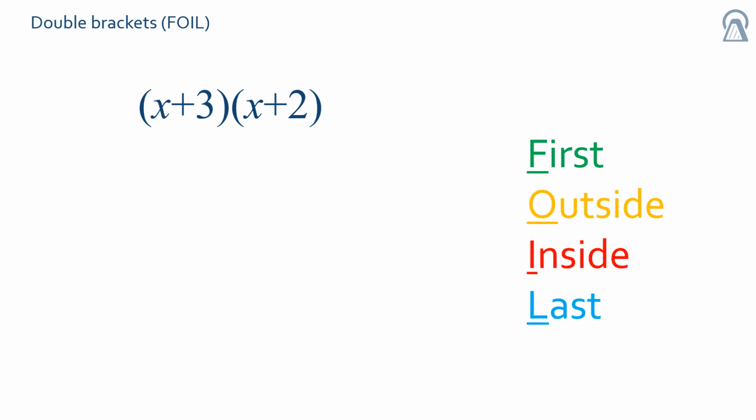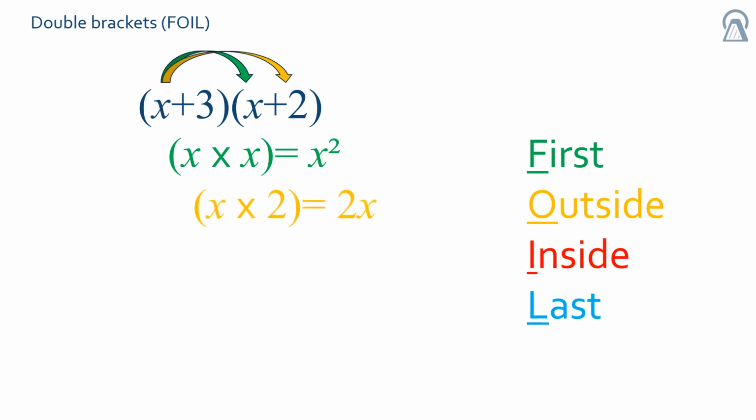First, we're going to multiply the first terms in each bracket. So that's the x in the first bracket times the x in the second bracket. This makes x squared. Our second step is to multiply the two outside terms. So that's the x from the first bracket multiplied by the 2 from the second bracket to give us 2x.